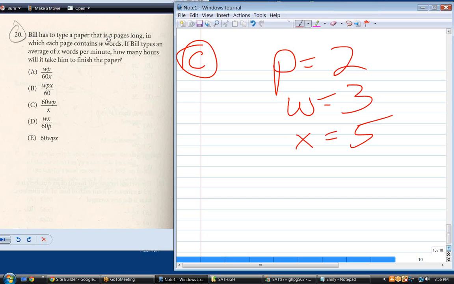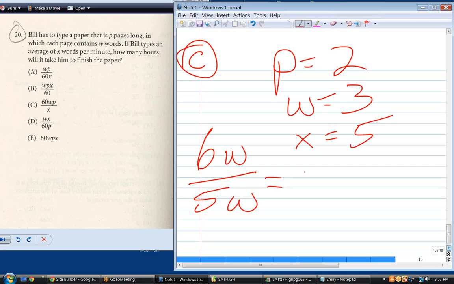So if we have 2 pages long, 3 words per page, that's 6 words. Bill types an average of 5 words per minute. How many hours will it take him? Well, there's 6 words. He's going to type 5 words per minute.